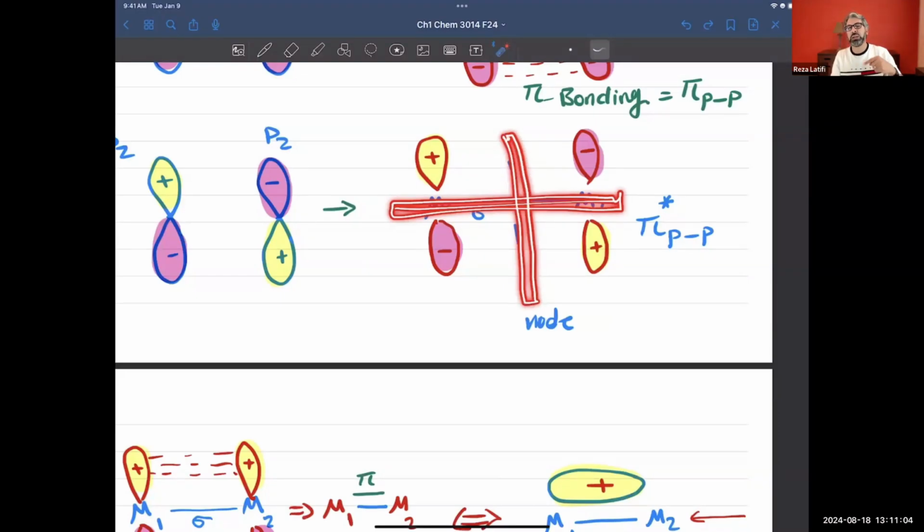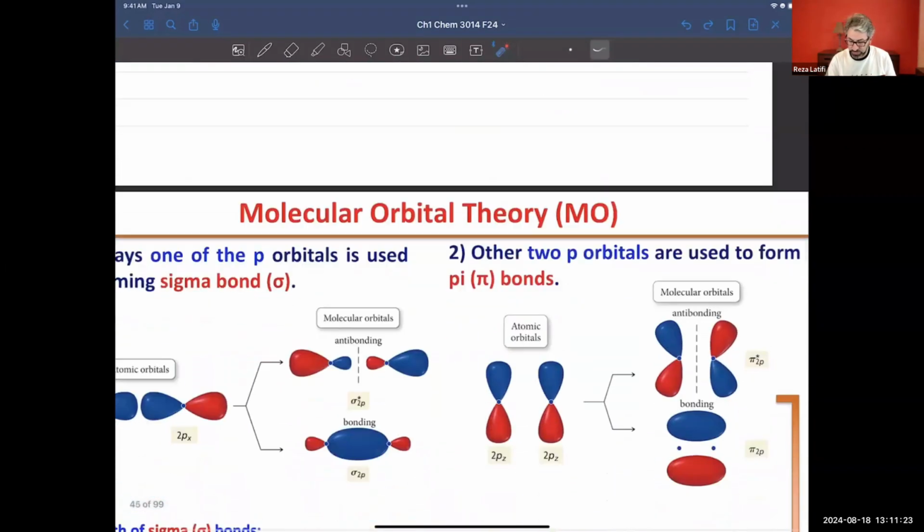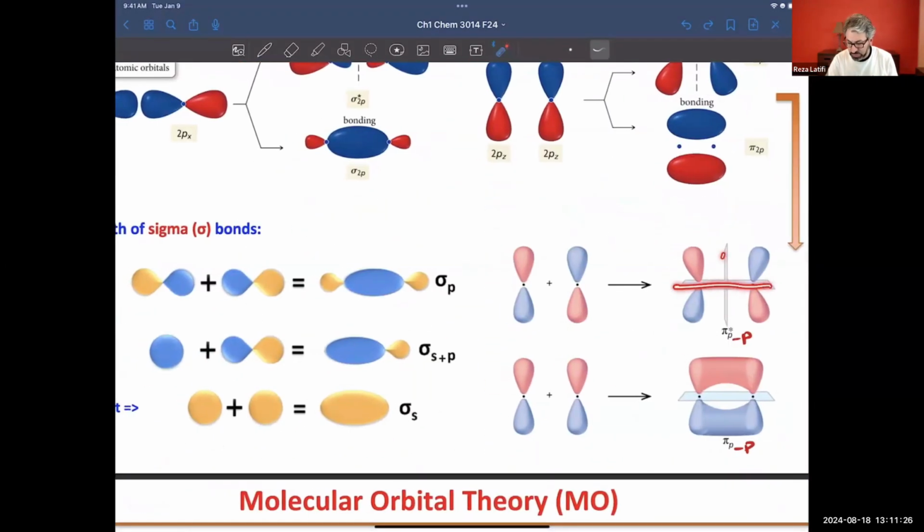The higher the number of nodes, the less useful the interaction will be. Put it this way, that interaction will be weaker, and it might be almost equal to zero. So for pi star, I have two nodes, while for pi, I have only one node. Which one is going to be more useful? Of course, the pi bonding.